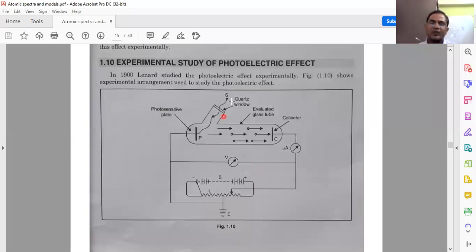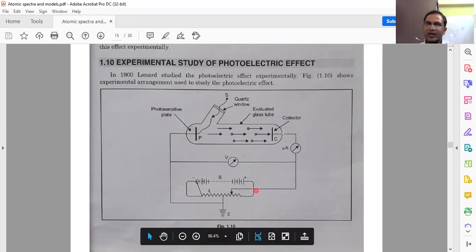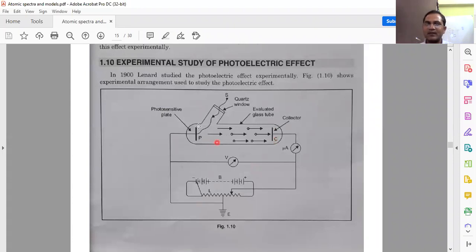Now, when light is incident on the cathode or alkali metal, electrons are emitted and move towards the collector. Here the anode or collector may also be maintained at a negative potential, but compared to the cathode it is at a higher potential.